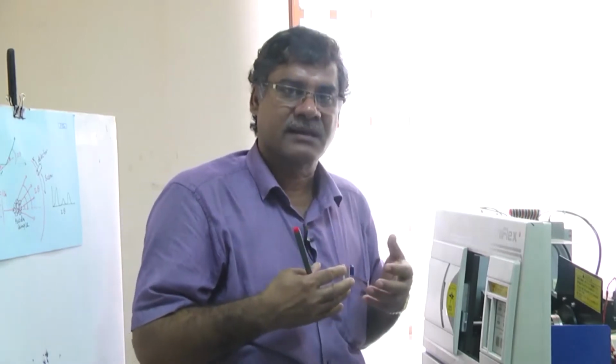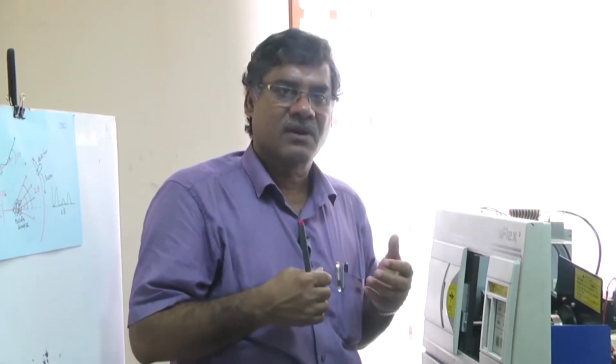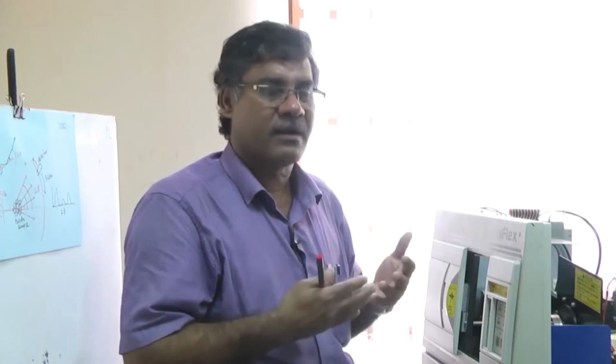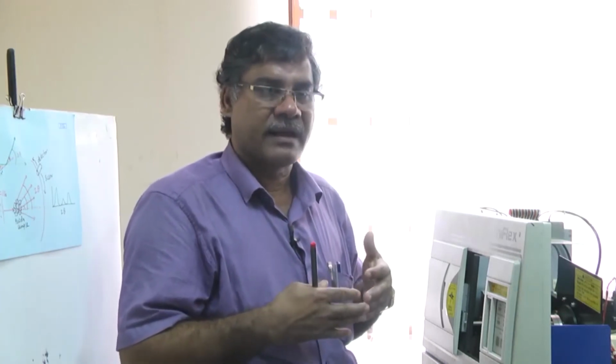Also one can find out the crystal structure of aluminum, the crystal structure of copper, and many more things one can analyze from the X-ray pattern. That is more important than doing this experiment.